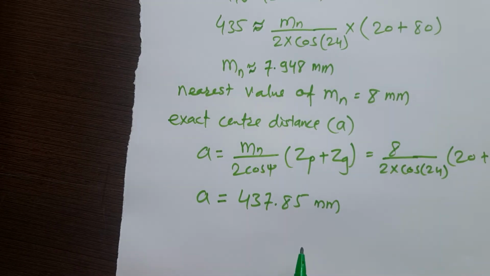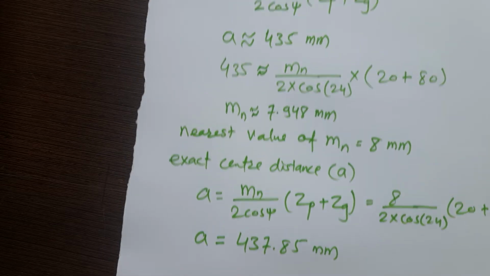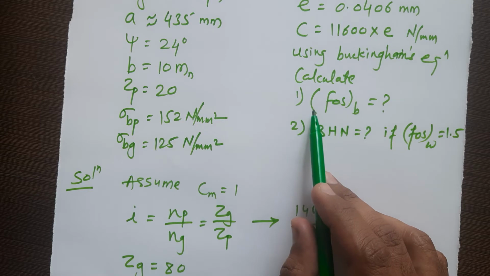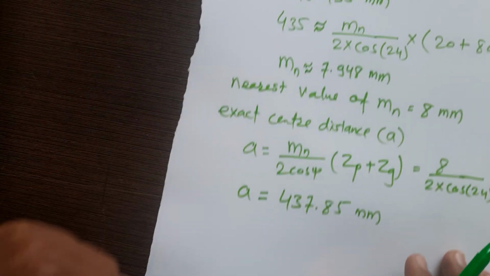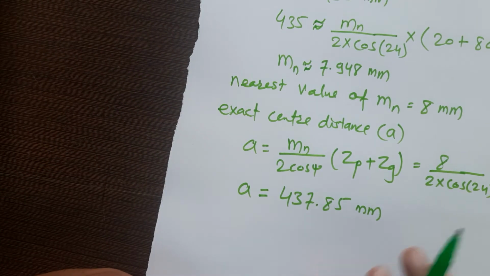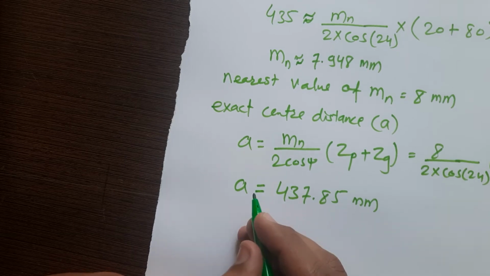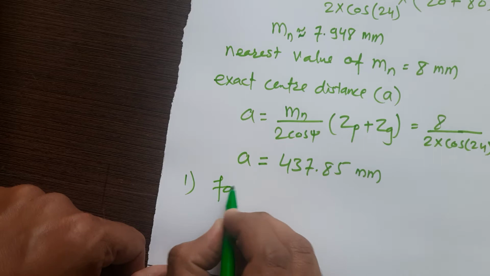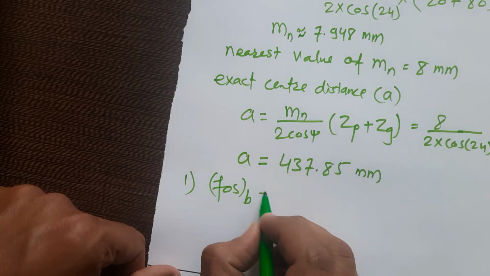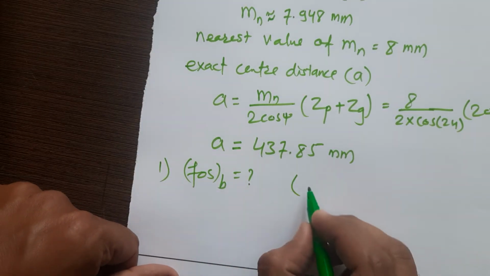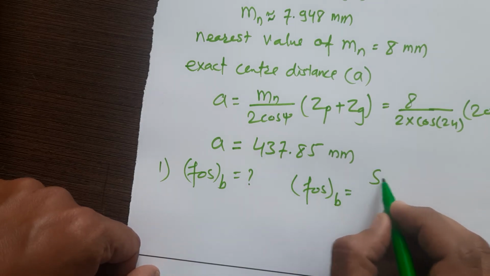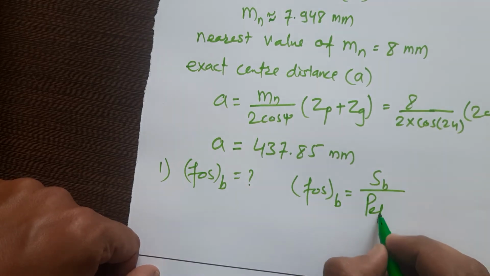Okay, then after that we want to calculate the factor of safety against bending. For the factor of safety against bending we need the required beam strength and effective load. The factor of safety against bending is nothing but beam strength SB divided by P effective.